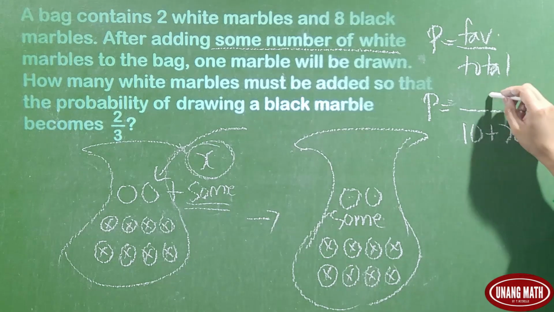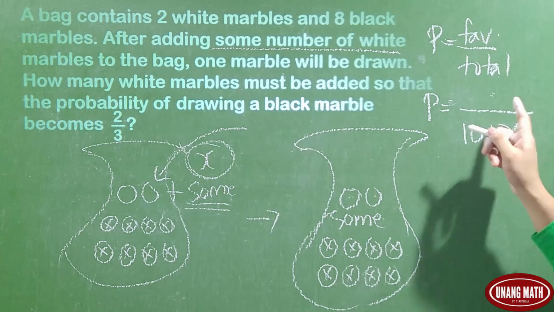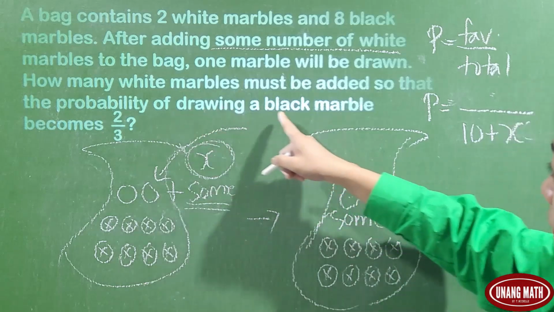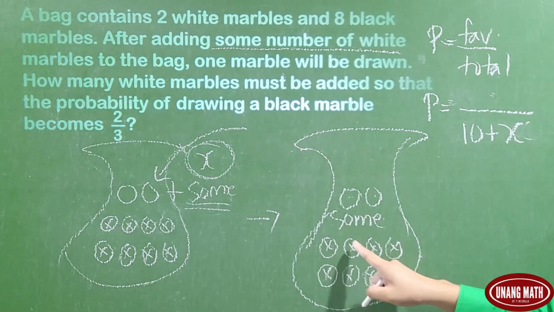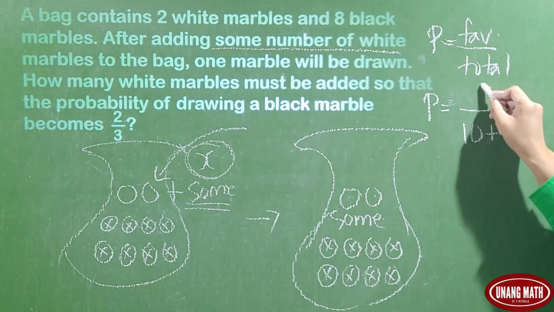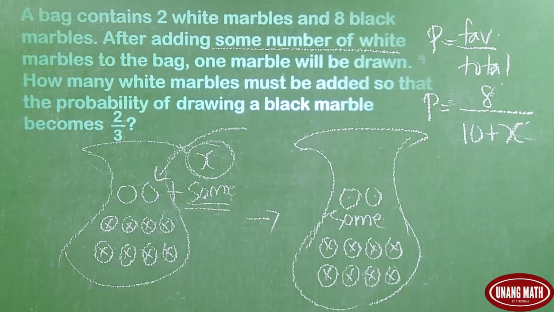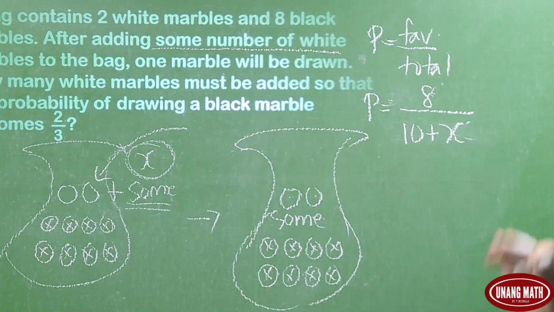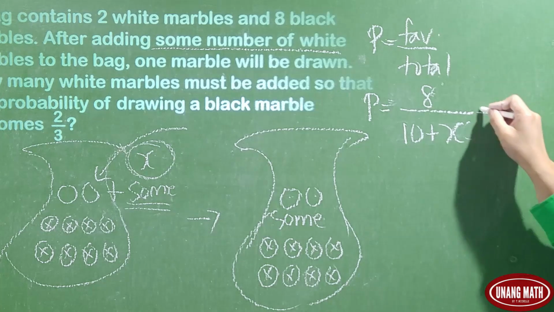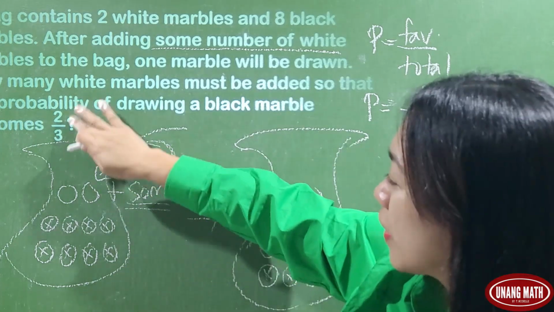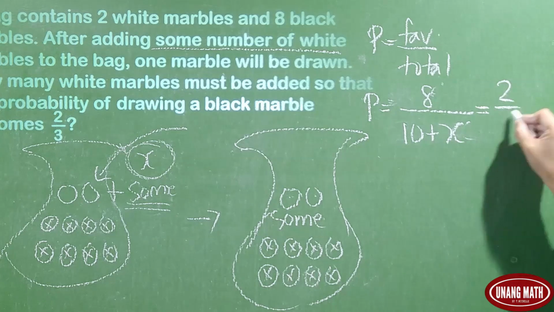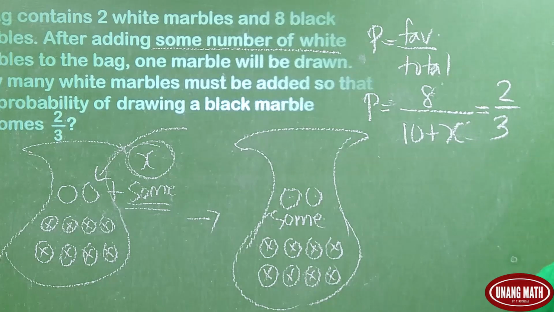Okay, what about favorable outcomes? Since we are looking for the probability of drawing a black marble, we have here 8 black marbles. So we have here 8 over 10 plus X. And this is now equal to this probability 2 over 3.